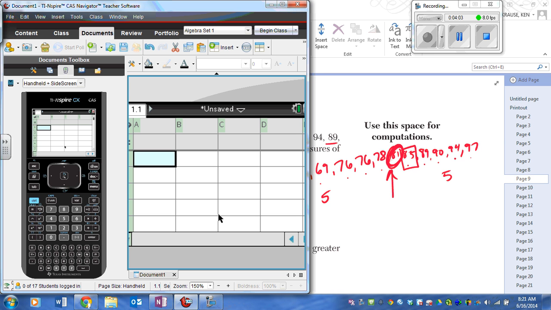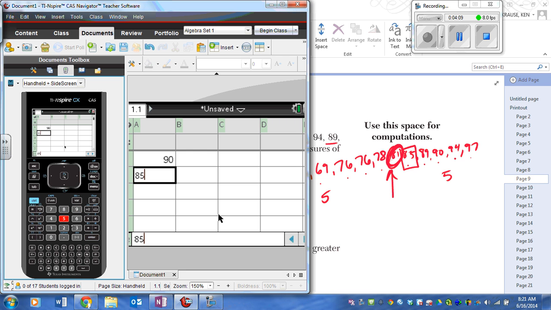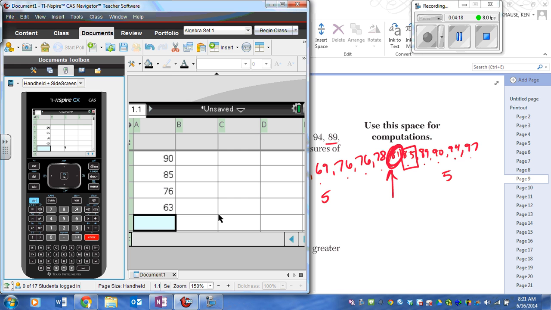And let's type these in. 90, 85, enter, 76, enter, 63, enter, 94, 89, enter, 81, enter, 76, enter, 78, enter, 69, enter, 97, enter. And that's my 11th number, so that's good.